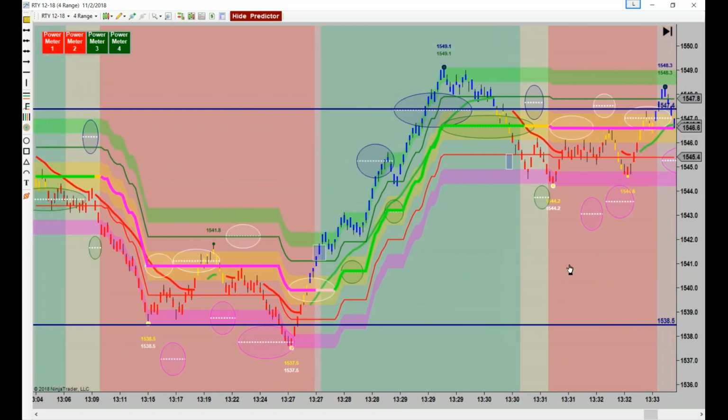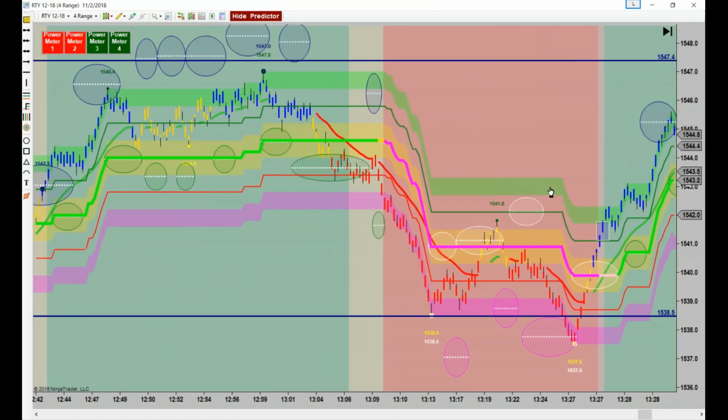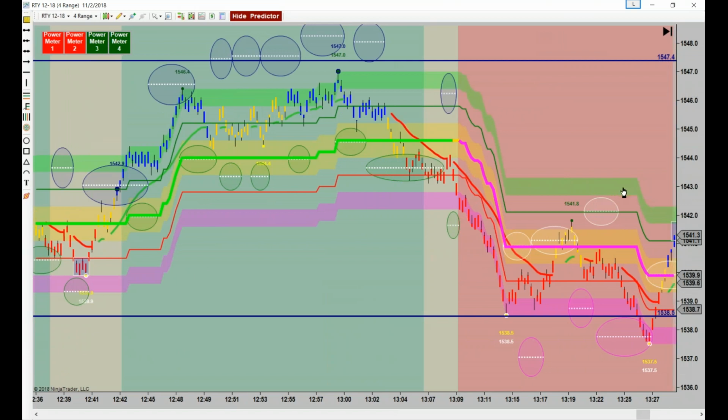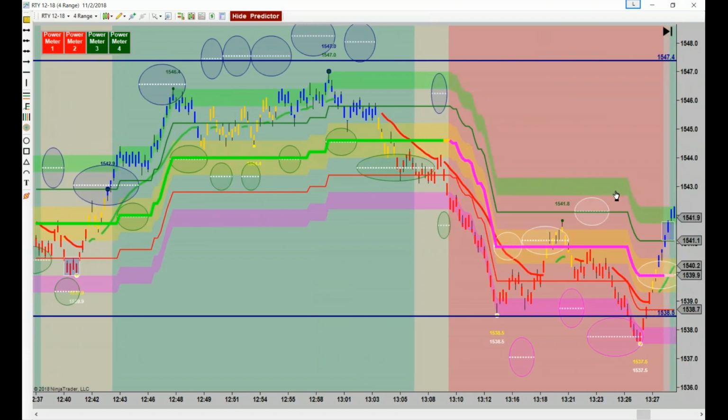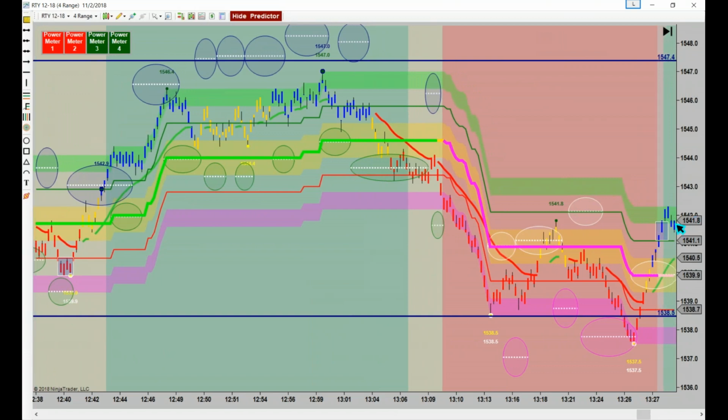Okay, let me show you how to get in something like this that just rockets up. What you're going to want to do in a case like this is kiss. Let's say that you took this phantom right here when it rolled over, and you took that trade, and then all of a sudden it's in your face. This is a legitimate phantom.